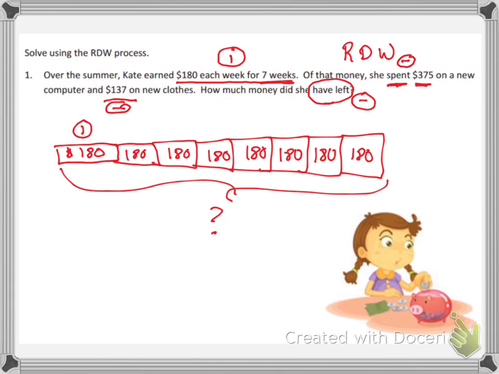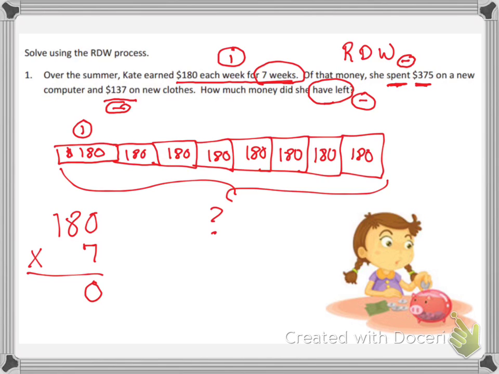And how are we going to figure that out? Instead of doing 180 and repeated addition over and over, we're going to use the shortcut and multiply by 7. So 180 times 7. Now you could use the standard algorithm, the partial product, or the area model to help you solve. I am going to choose to do the standard. So in the ones, it's a 0. So 0 times 7 is just 0.